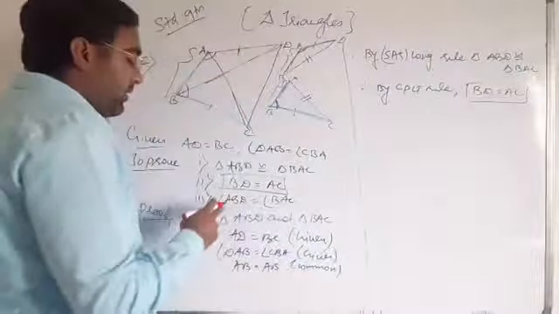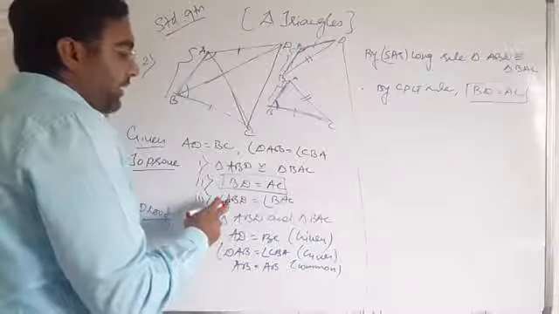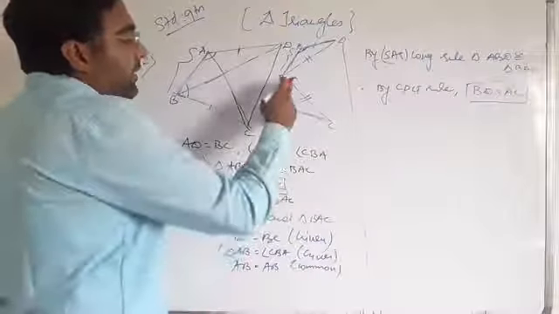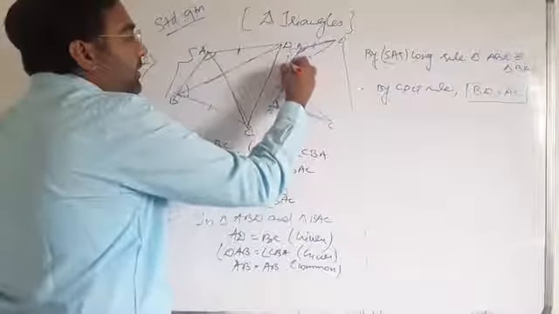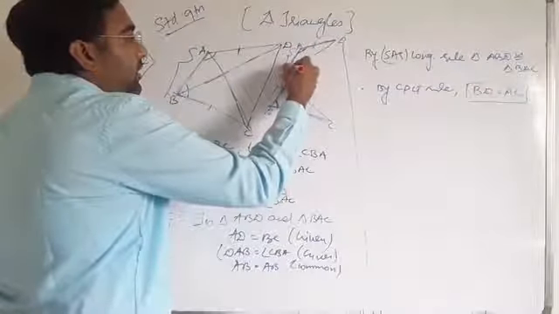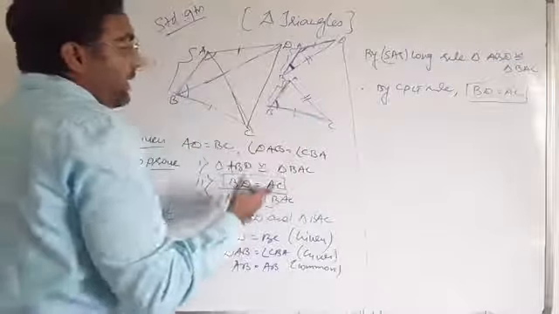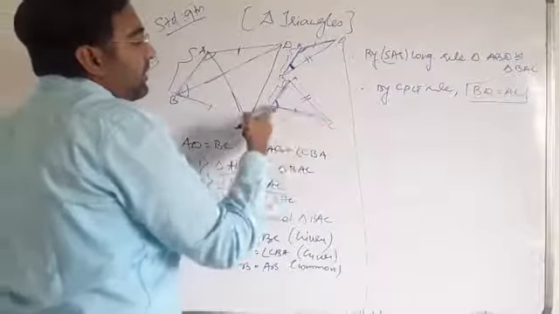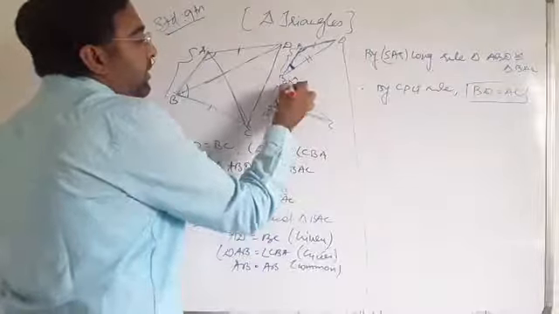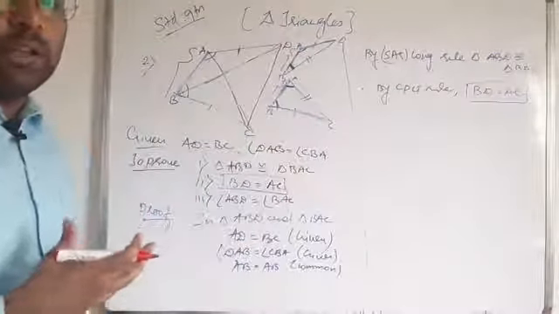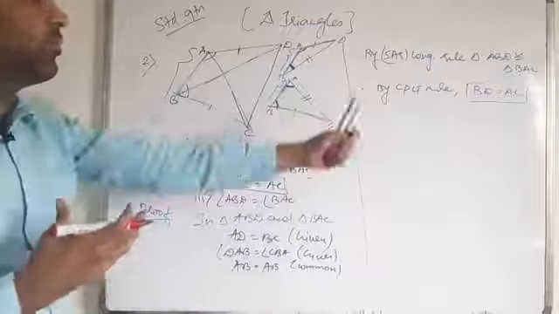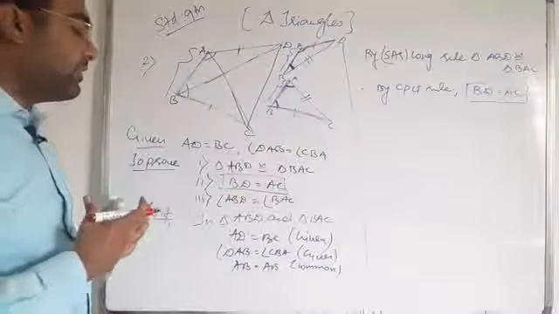And the remaining angles, that is ABD and BAC. ABD, this angle, and BAC from the second triangle. These two angles are also part of the congruent triangles.